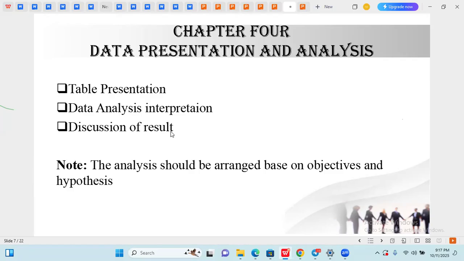And you know what? If you want to enjoy discussion of results, if you want to do it quickly and not have a problem, it starts from you selecting the right objective. Some people just sit down and select objectives. They relate.